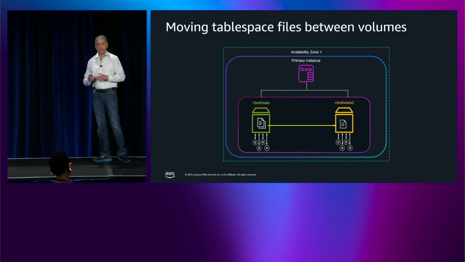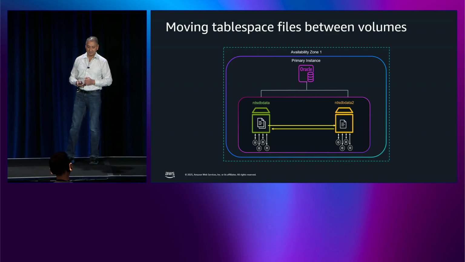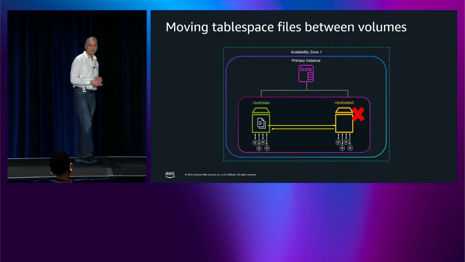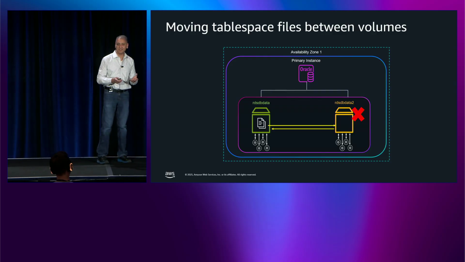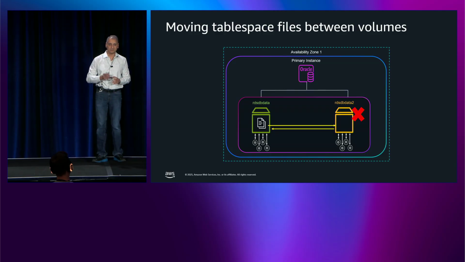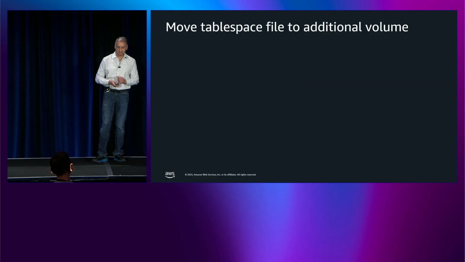The data size goes down, and I want to bring it back to my primary volume, and then I want to delete my additional volume because you don't want to pay for storage that you're not using. So what this allows you to do is to move it to an additional volume, use it for a short period of time, bring it back to your primary volume, and remove the additional volume.